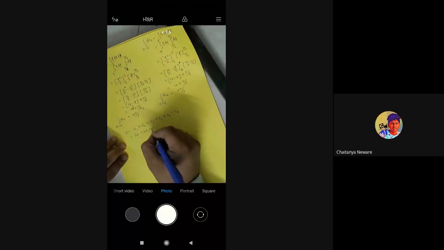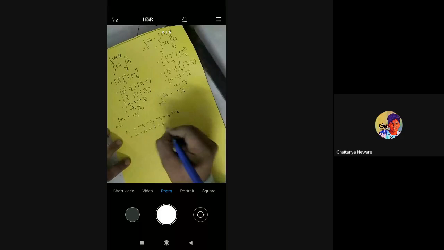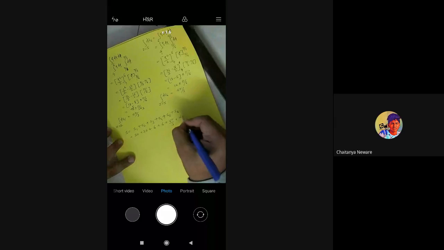S2 is 3 pi, plus S3 is 6, S4 is also 6, plus 5 pi by 3 plus 5 pi by 3.